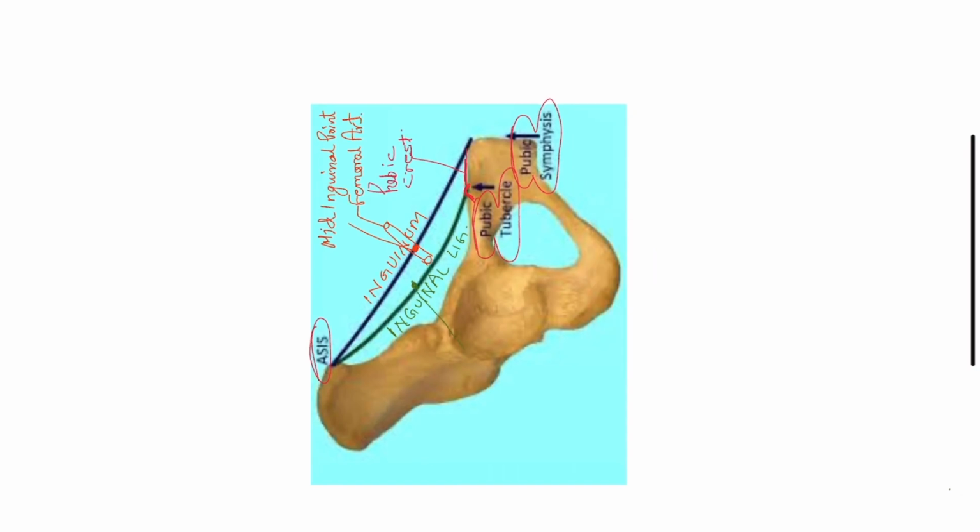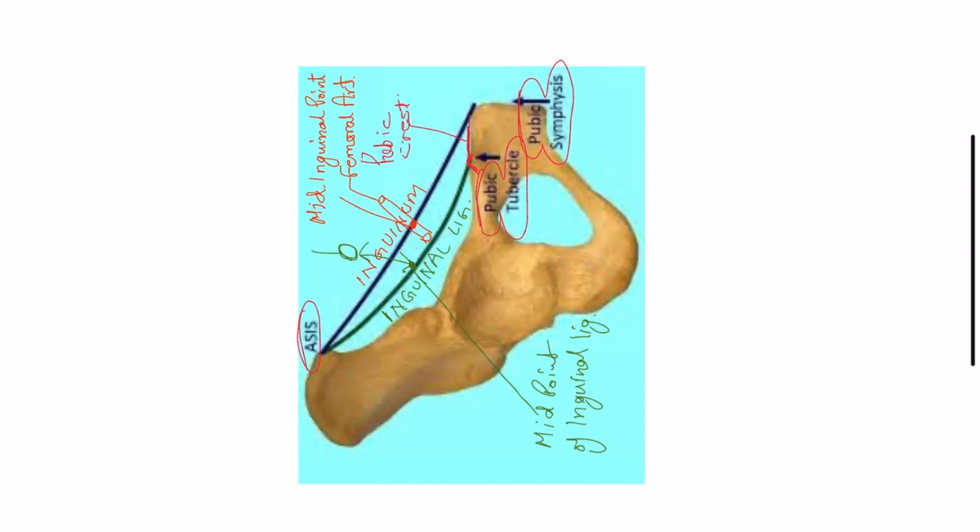This point will be called the midpoint of the inguinal ligament. Remember that 2.5 centimeters above this, there will be a ring, an evagination of the fascia transversalis, and this is called the deep inguinal ring, around 1.25 centimeters above the midpoint of the inguinal ligament.